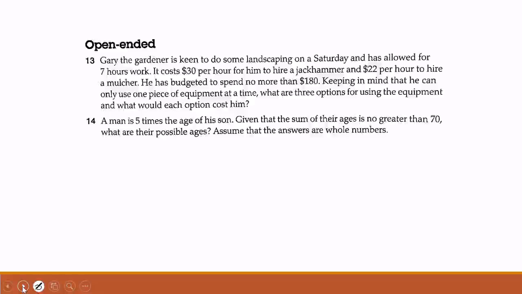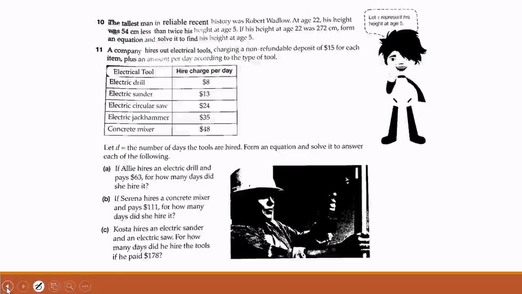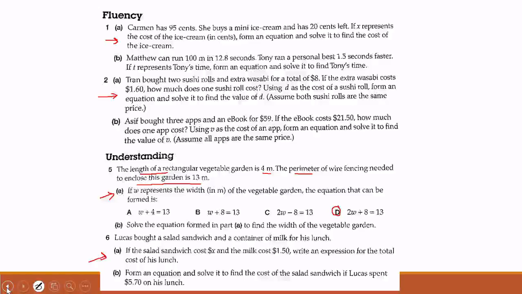All right, so if you look at number 14, it's only 2 lines, but there are obviously multiple solutions. Now, I don't expect everybody to be getting up to the extension questions, but I would hope that some people actually have a go at those extension questions. At a bare minimum, I think you should be able to get those first 4 questions done. So questions 1, 2, 5, and 6, all parts.